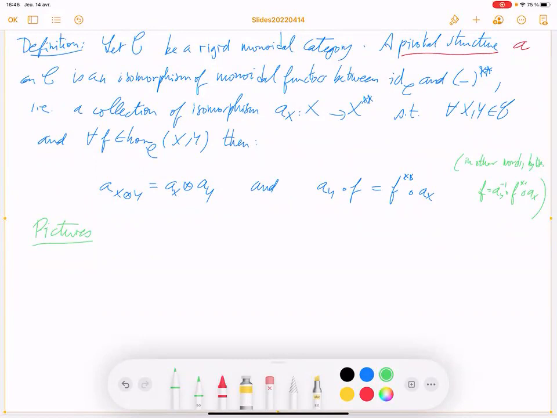I just want to check whether for any rigid monoidal category, X is isomorphic to its double dual.